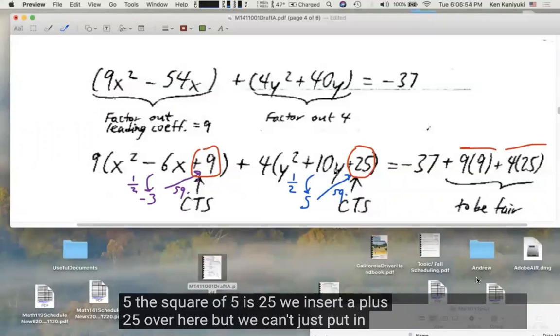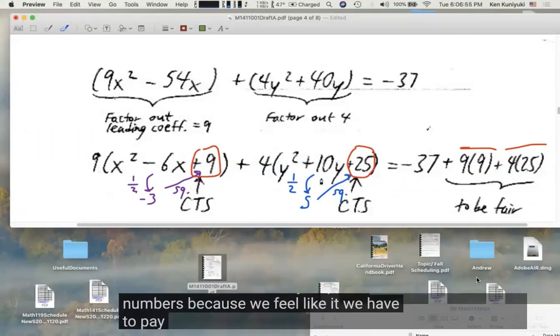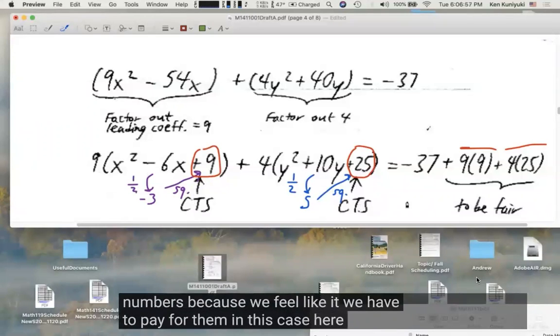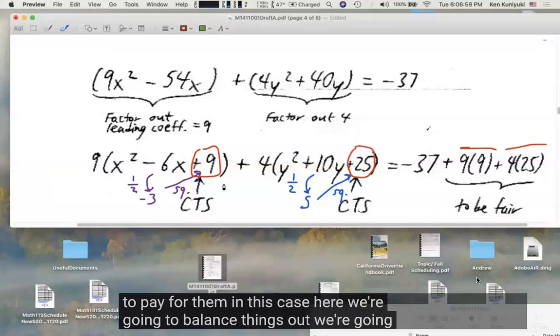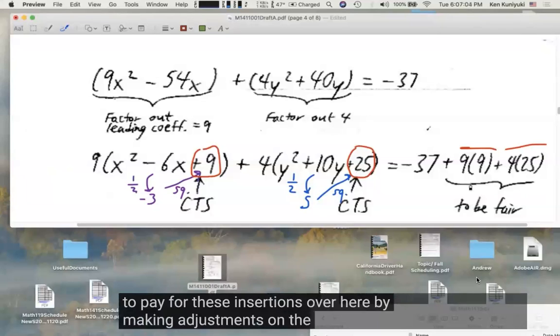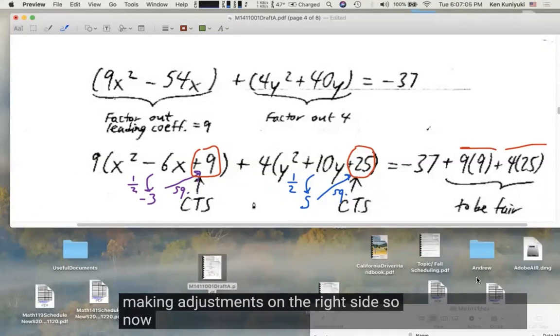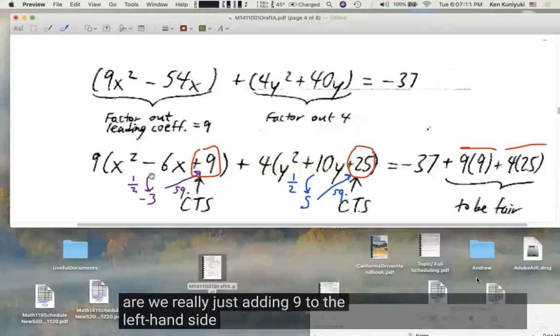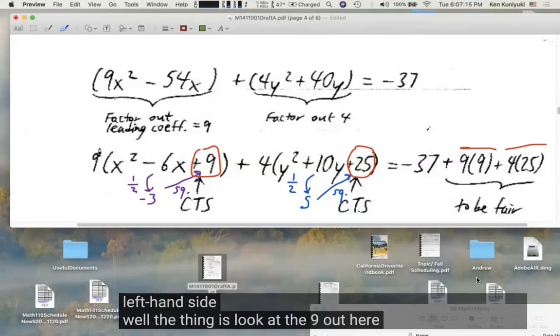But we can't just put in numbers because we feel like it. We have to pay for them. In this case, we're going to balance things out by making adjustments on the right side. So if we insert a plus 9 inside here, are we really just adding 9 to the left-hand side? Well, look at the 9 out here.